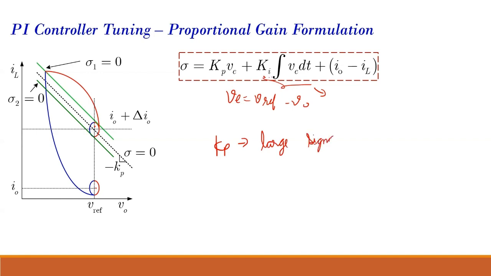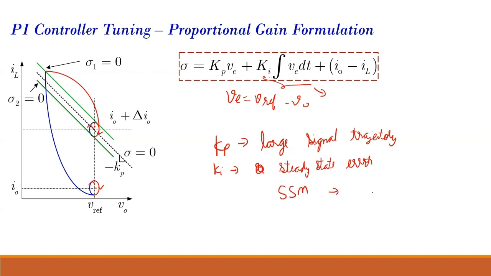But in the steady state operation over here, the Ki is used to reduce the steady state error to bring it to zero. To do that, we use the small signal model.